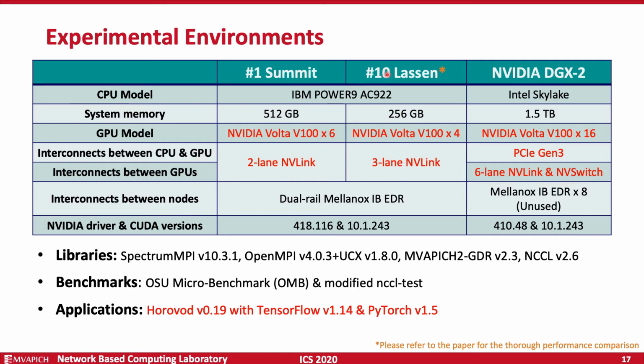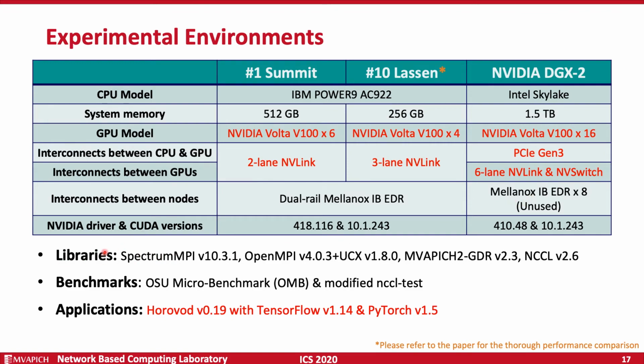Similarly, Vesson has 4 GPUs per node, so it's a 3-lane NVLink, and both systems use dual-rate Mellanox IB EDR on the IBM Power9 machine. Another slightly different machine is the NVIDIA DGX-2. It has 16 GPUs per node, all connected by NVLink and NVSwitch. It has IB EDR there, but because it's a single-node system, these EDR are not being used.